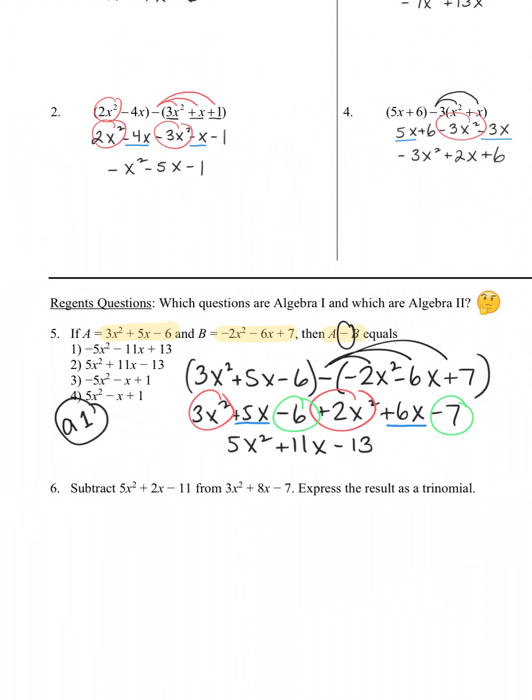Subtract 5x squared plus 2x minus 11 from 3x squared plus 8x minus 7. Express your result as a trinomial. Tri means 3, so we're just going to have 3 terms at the end. The "from" is a little bit confusing, so I'm just going to give you an example.